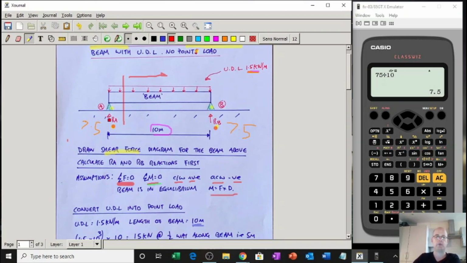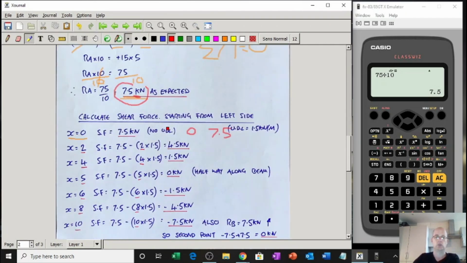I can see the 7.5 coming up, and I can also see 2 meters of this 1.5 kilonewtons. So I've got 7.5 coming up, and I've got 2 meters worth of 1.5 coming down.